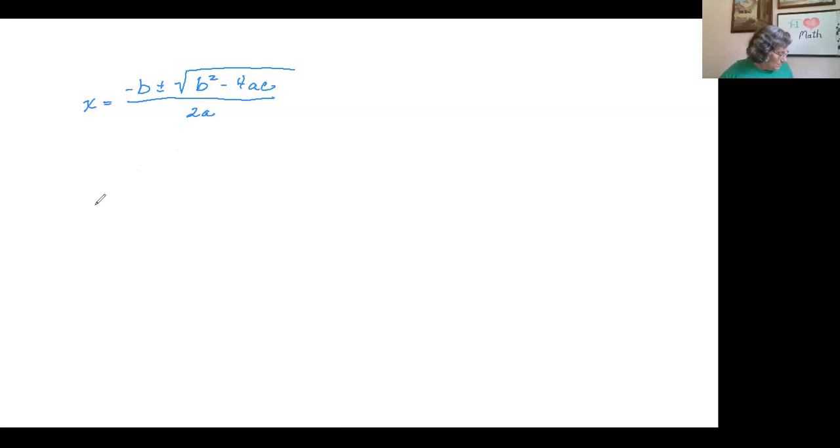What if we looked at a problem like, let me find a good example. How about 2x squared minus 1 equals 3x. Okay, rule number 1. This only applies if ax squared plus bx plus c is equal to 0.